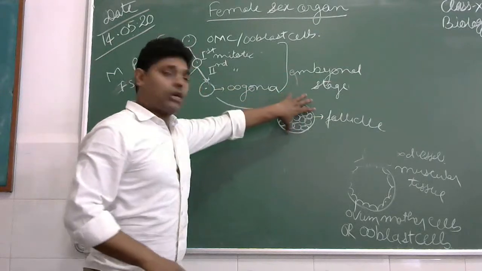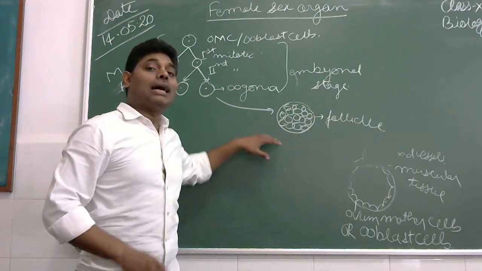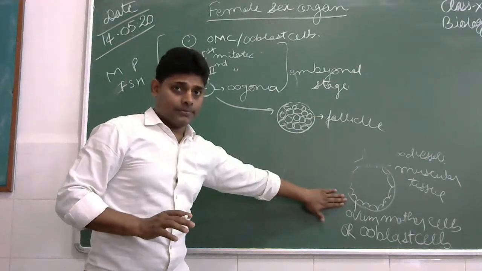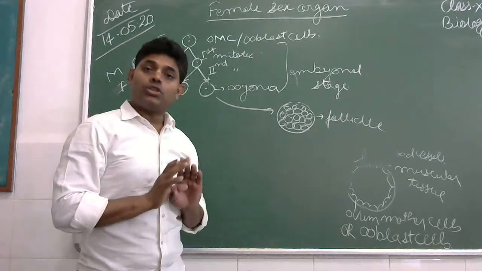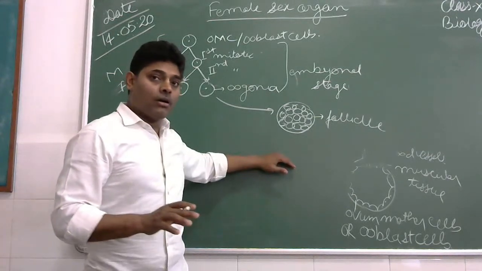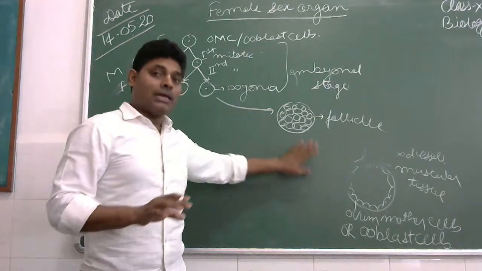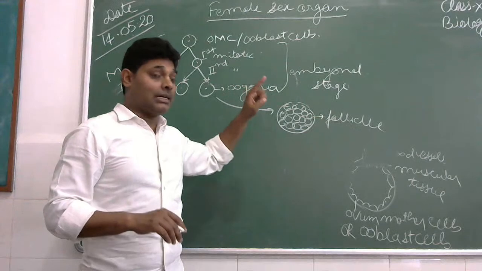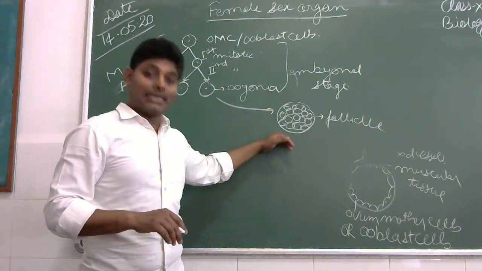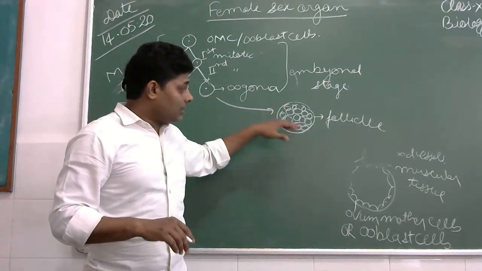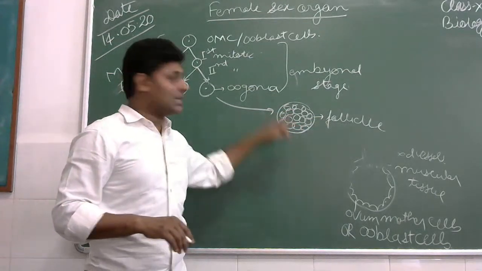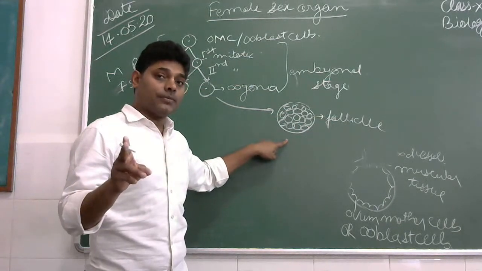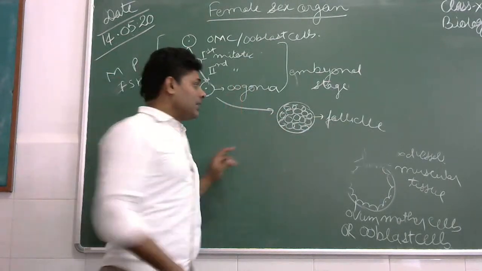So in this follicular form, the oogonia are embedded inside the ovary. Now, parturition occurs, the baby girl is born, and she attains puberty. At puberty, after each menstrual cycle, the human female ovary releases one follicle in each menstruation.